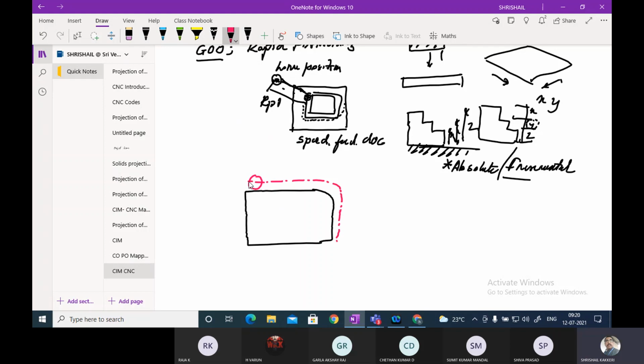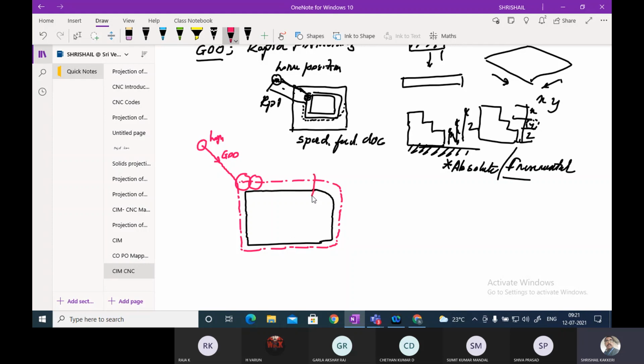This was the home position. From the home position to here, it has to come rapidly, by G00.